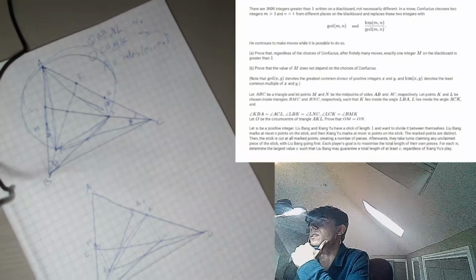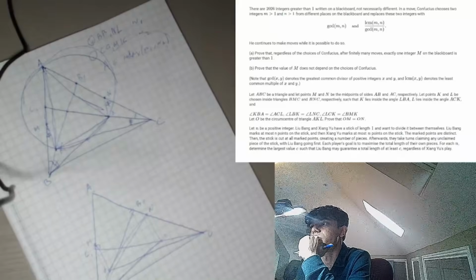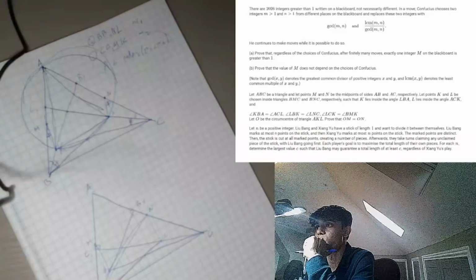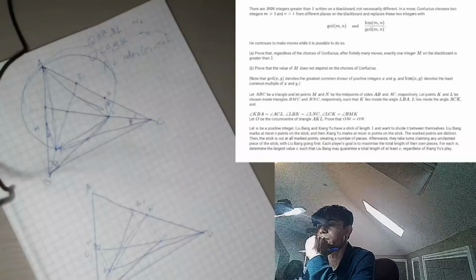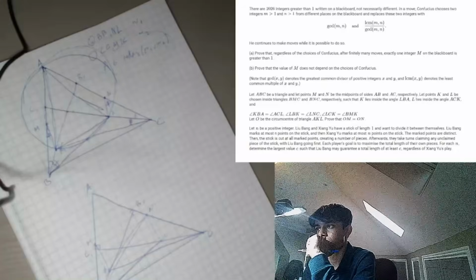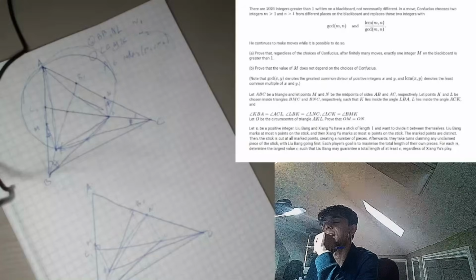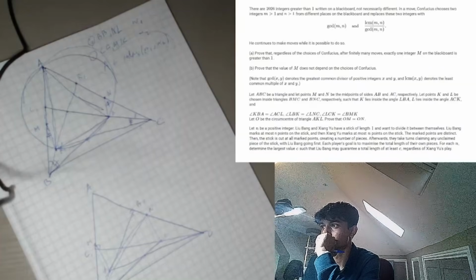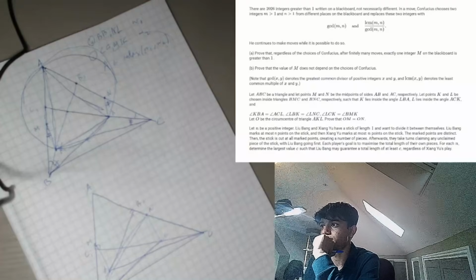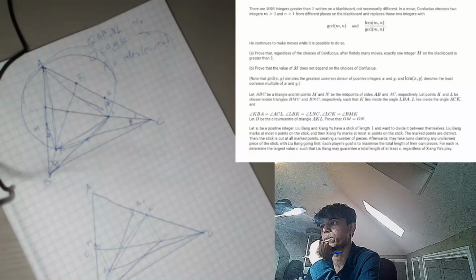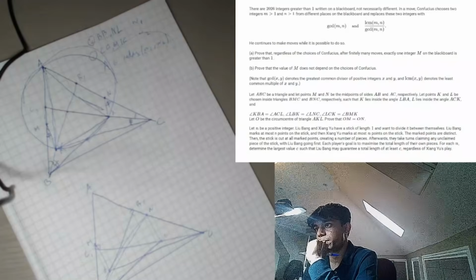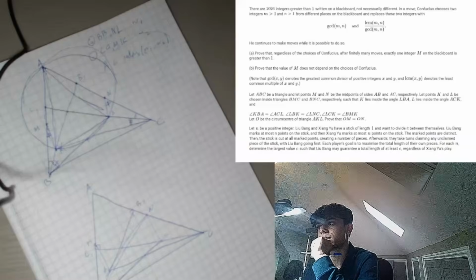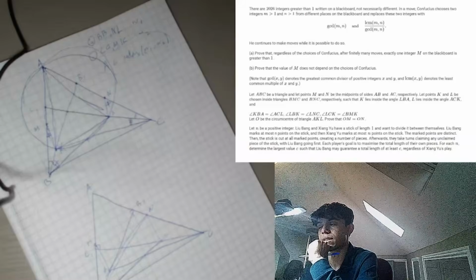Let's read problem three. In this post-events show, two people have a stick of length 1 and want to divide it between themselves. One player marks at most n points on the stick, and the other person also marks at most n points on the stick. The marked points are different. Then the stick is cut at all marked points, creating some pieces.